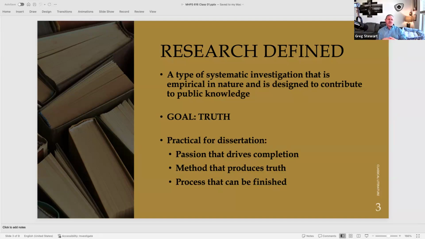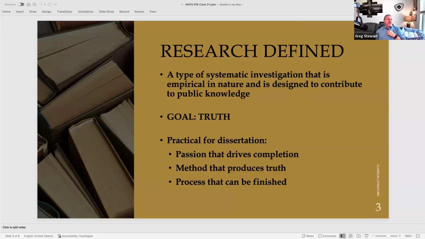Methods allow us to set our bias aside and go through a very strategic process to ensure that whatever the results are, that either validate our hypothesis or invalidate it, the method is what keeps us in check. The method is what keeps us honest. But you've got to have a passionate drive topic. Don't worry about your passion. You passion that puppy to death, but you do a method that keeps you honest. That's the point of research methods.